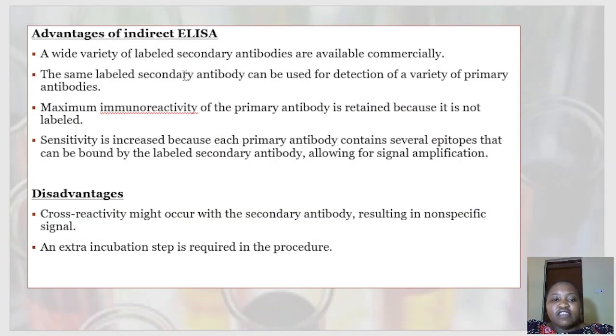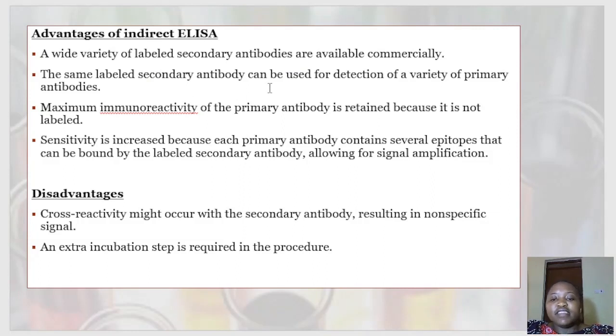The advantages of this are that a wide variety of labeled secondary antibodies are available commercially, so you don't have to design your own. If your primary antibody is, say, a goat antibody, you can get any anti-goat antibody conjugated to the enzyme, and you don't have to design one each time.